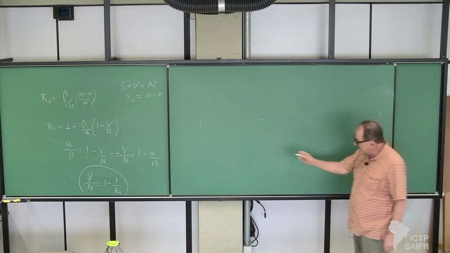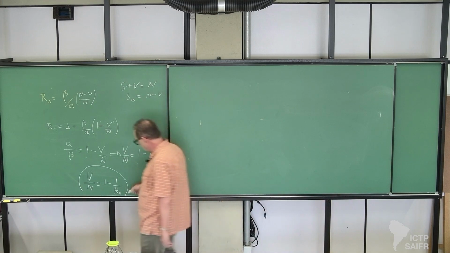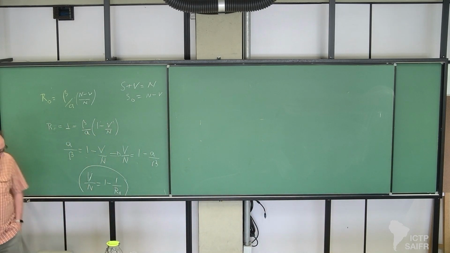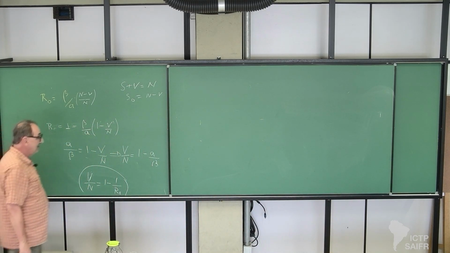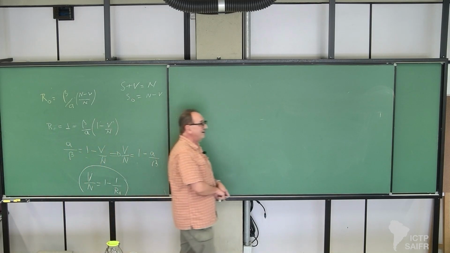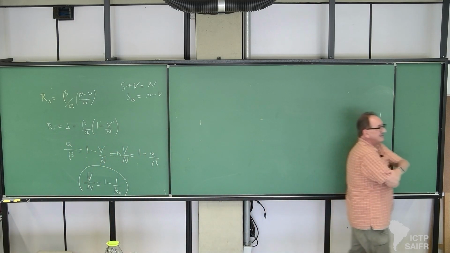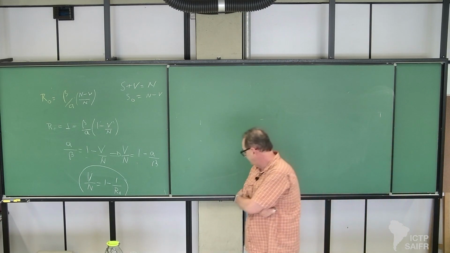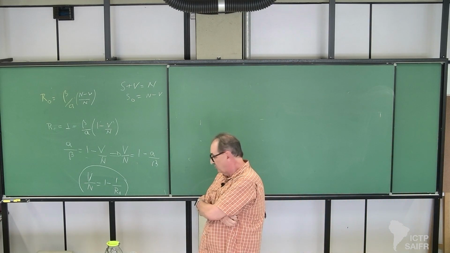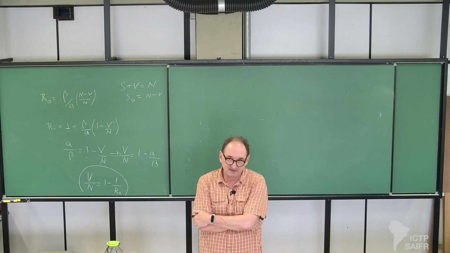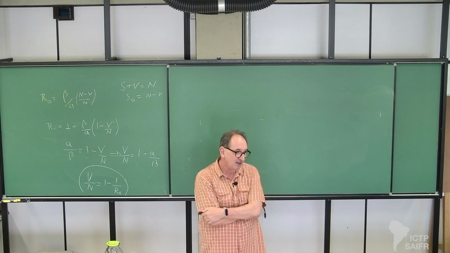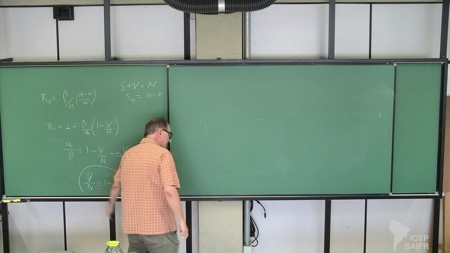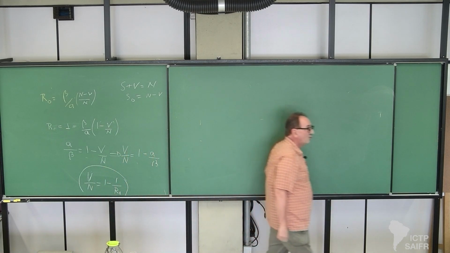So that's connected to vaccination. For instance, if COVID had R0 equal to 2.5, which at a certain point was reasonable, this will give you V over N equal to 0.6.